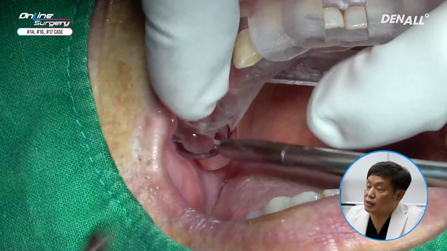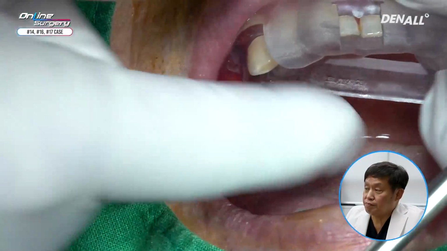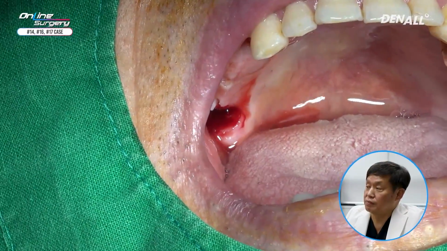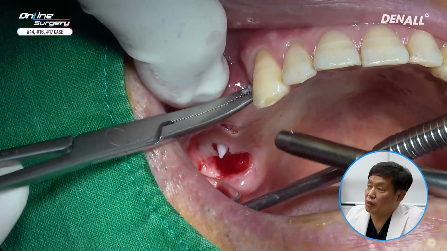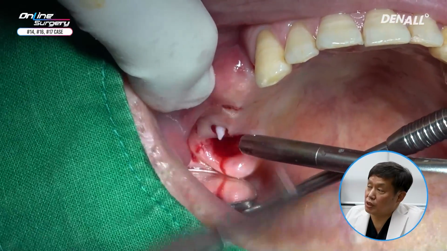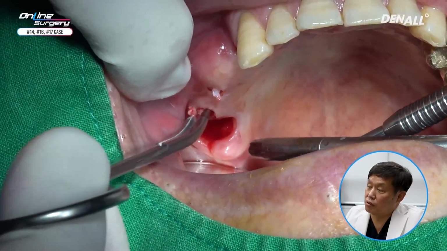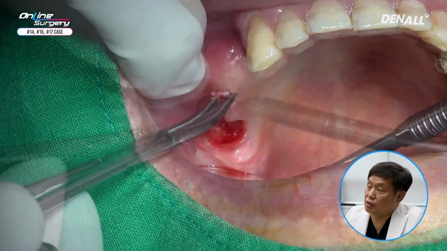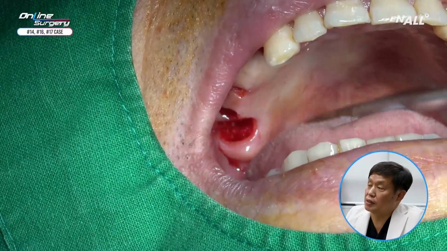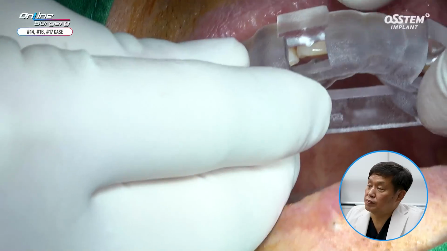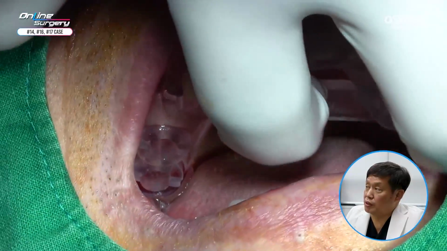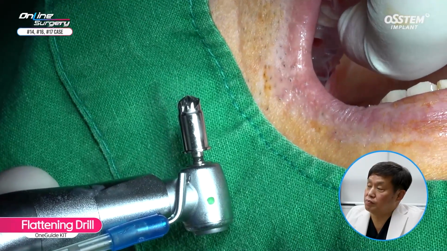So number 17, it's going to be slightly mesial to the extraction socket. Template was removed. I checked whether overriding mucosa was thoroughly removed before proceeding with the surgery. One Guide template was positioned once again.